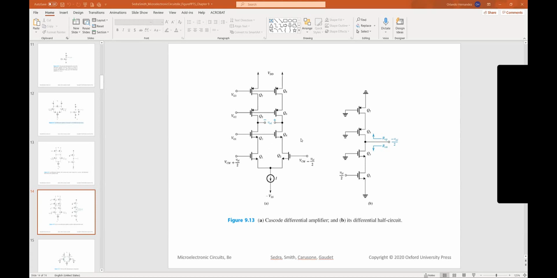And then on the other side, the negative input side, we have transistors 8 and 6 making a cascoded pair for the cascode amplification pair of transistors Q4 and Q2. Since it's balanced and symmetrical, we can just analyze one half, and the result is going to be the same for the other half. So that's what we're going to talk about next.